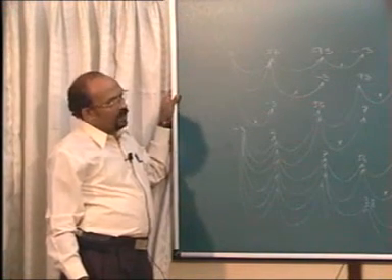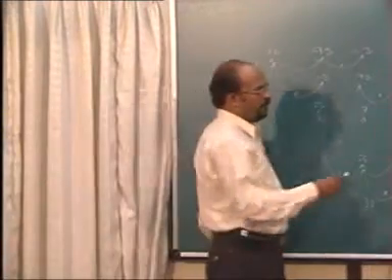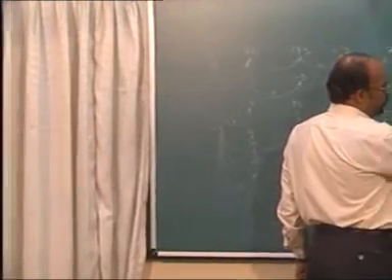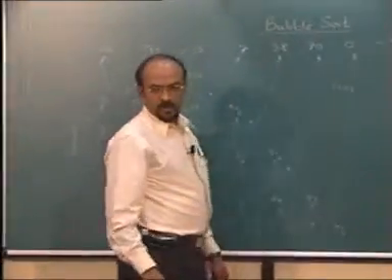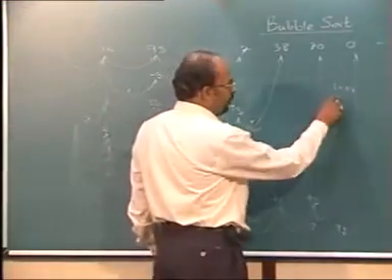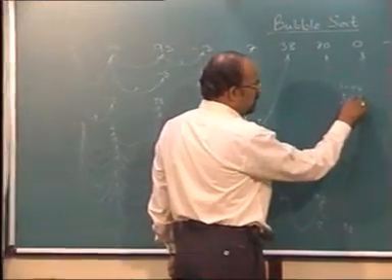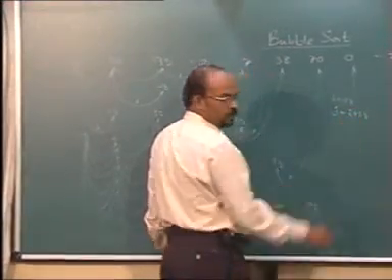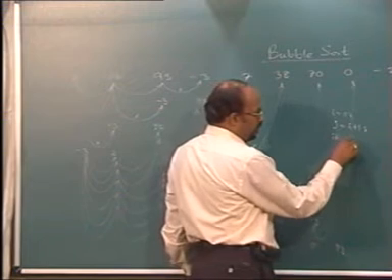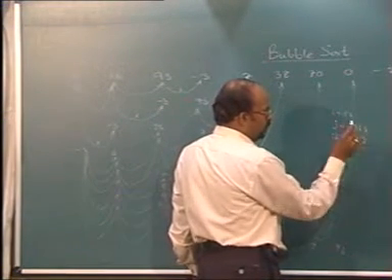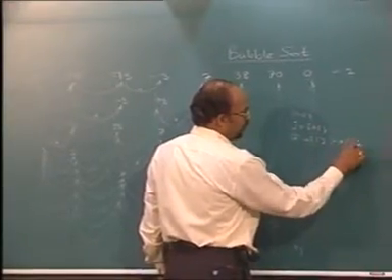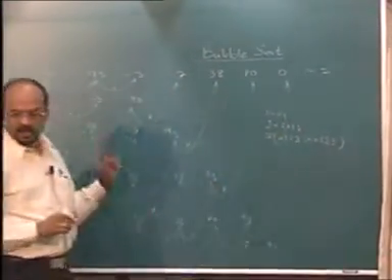When we go for writing the code of it, I will say that start with I equal to 0. Zeroth position number to be compared with j, which is I plus 1. I will check if a of I is greater than a of j, then interchange.